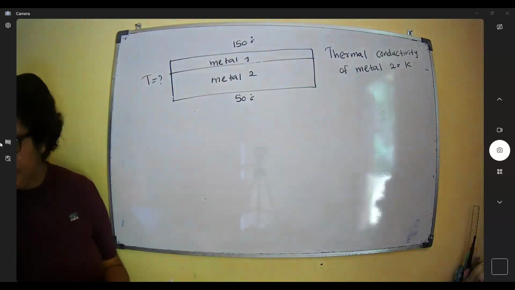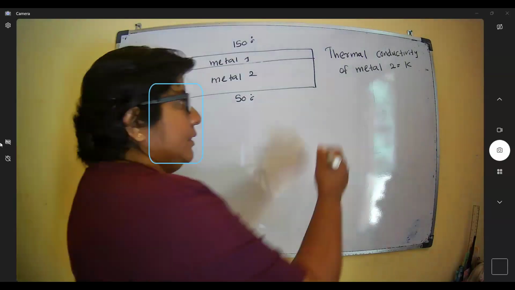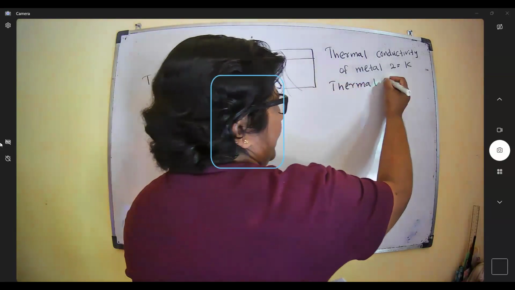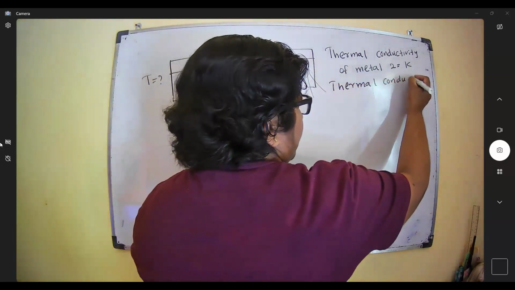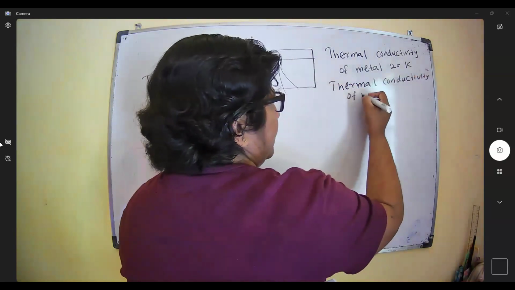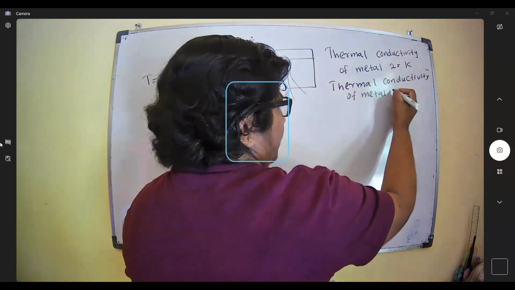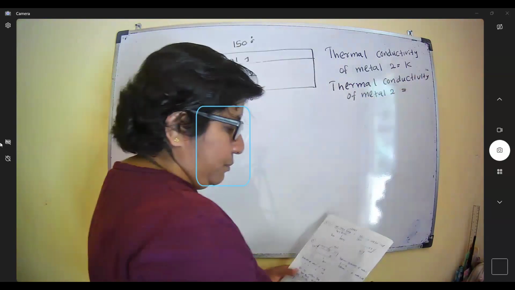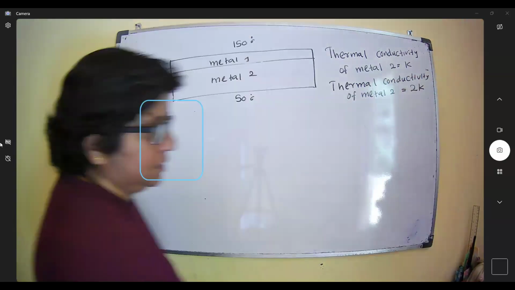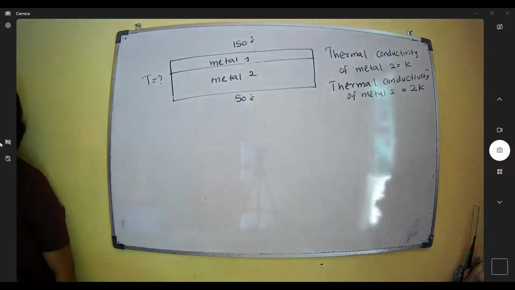The thermal conductivity of metal 2 taken as the K. Then in the given data, thermal conductivity of metal 1 is twice that of metal 2, right? Then we can find thermal conductivity in metal 1 should be equal to 2K.